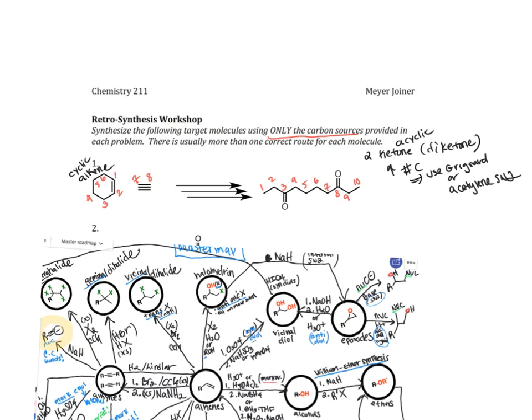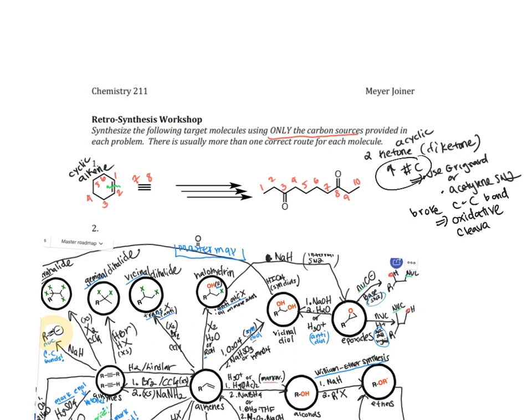Notice that it went from cyclic to acyclic. So that means we must have broken a carbon-carbon bond, and there are very few ways to make carbon-carbon bonds and only one way we know how to break them. We broke a carbon-carbon bond because it's no longer in a ring. So that means we had to do some sort of oxidative cleavage, because carbons are not leaving groups.